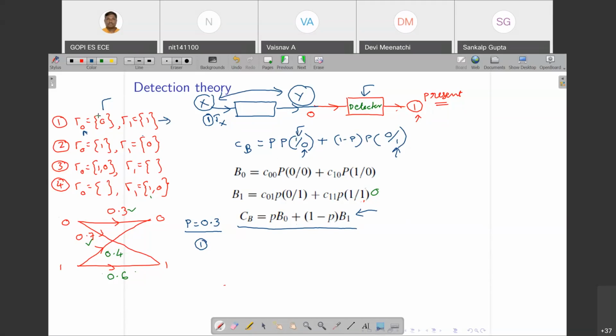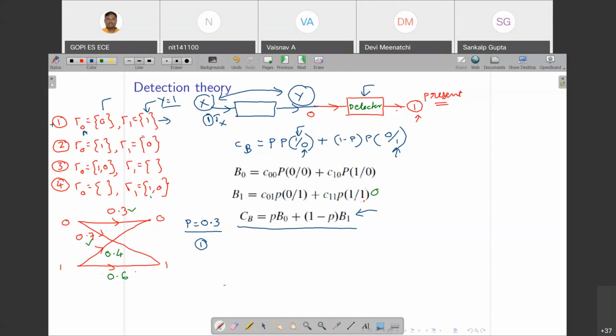So in the first case, you are declaring that it is 0 here, right? When you have y equal to 1, you are declaring that it is 1 here. Now we have to think about when 0 is transmitted, when the detector will say that it is 1. The detector will say 1 when y is equal to 1.